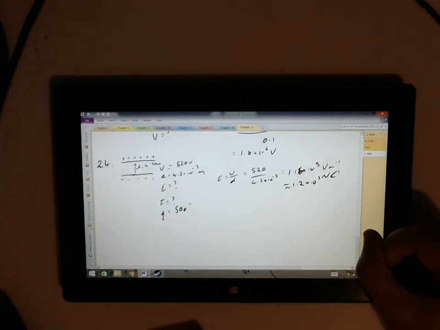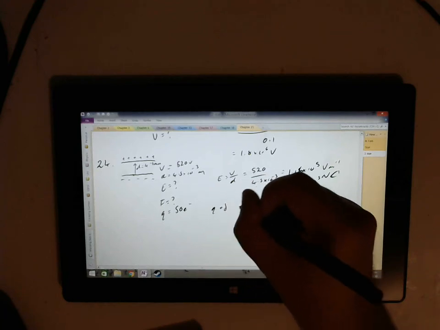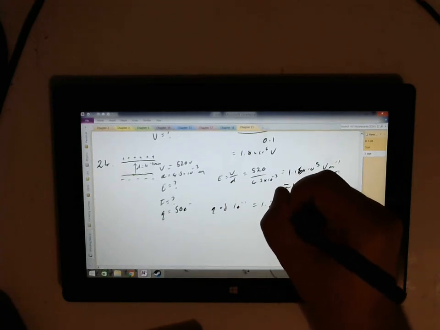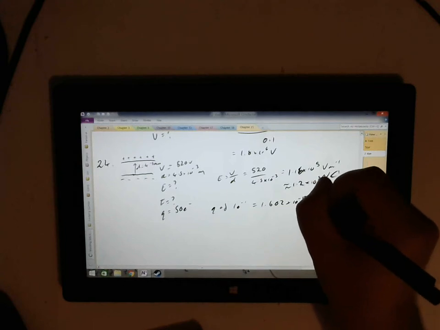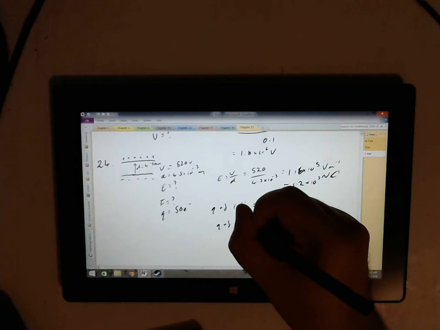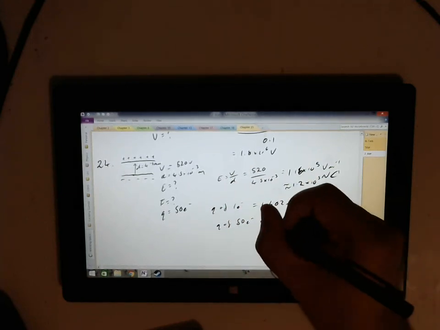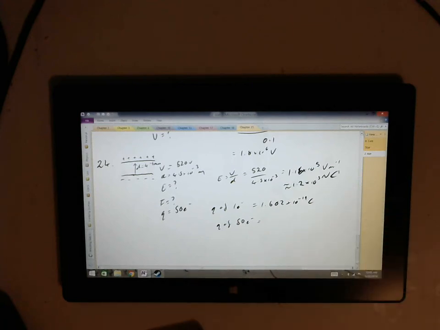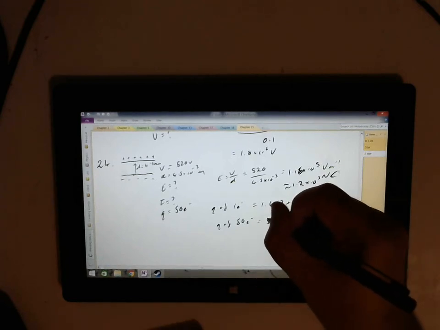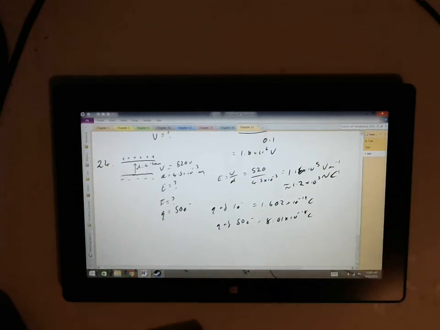50 electrons, remember, each electron has a charge, so the charge of one electron equals 1.602 times 10 to the negative 19 coulombs. So the Q of 50 equals 1.602 times 10 to the negative 19 multiplied by 50, that should be 8.01 times 10 to the negative 18 coulombs.